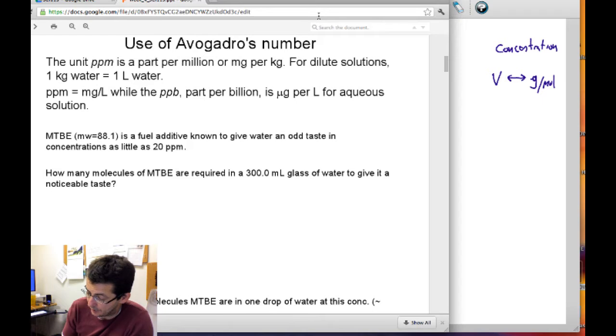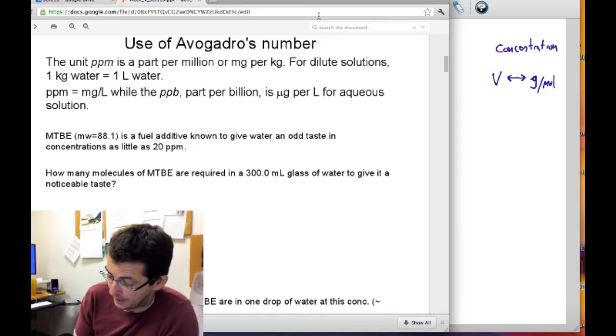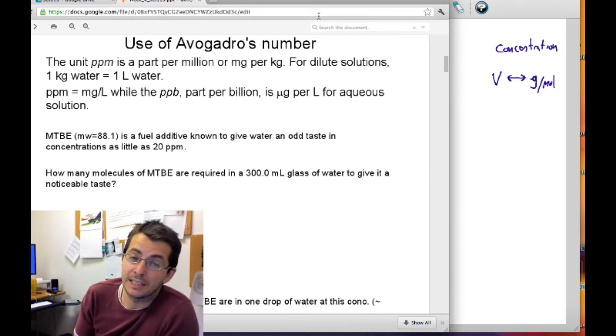Concentration is a way of expressing how much material is present in a liquid, or how much material is present in a solution.